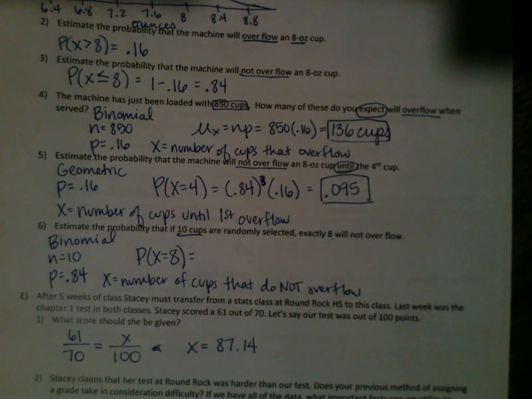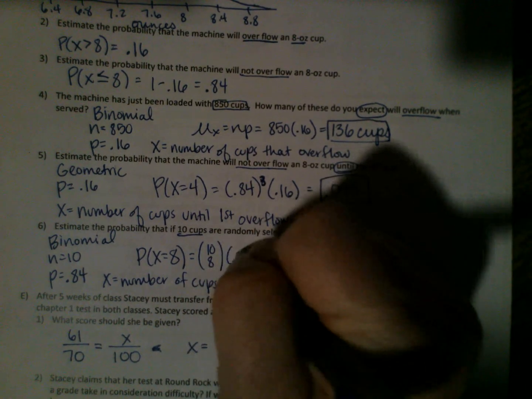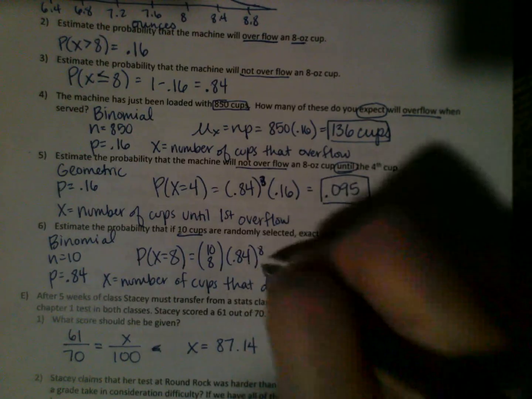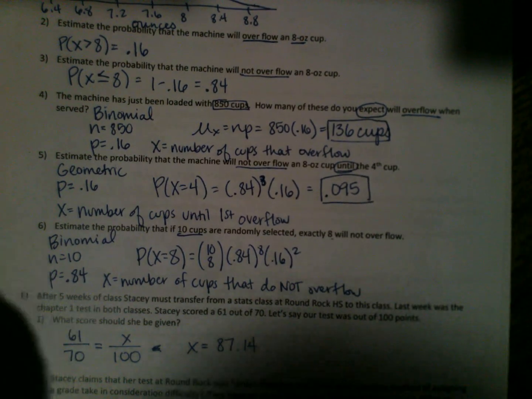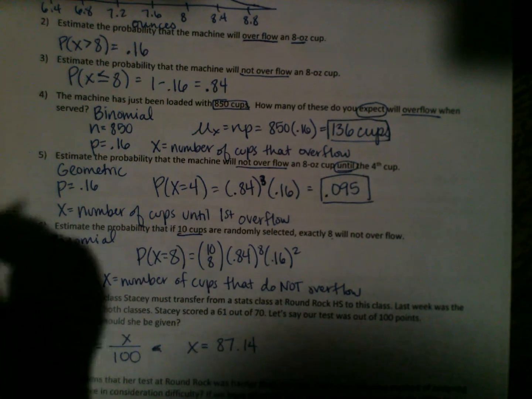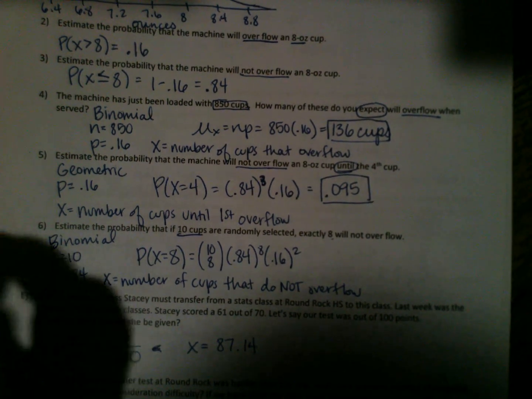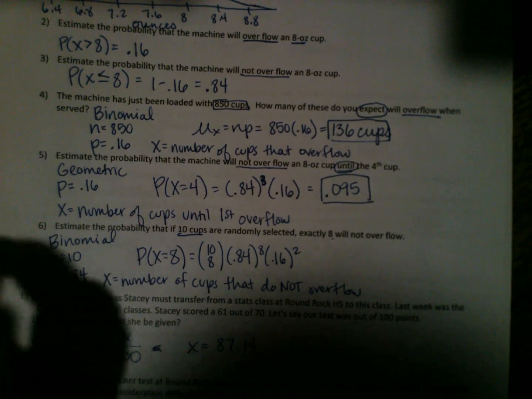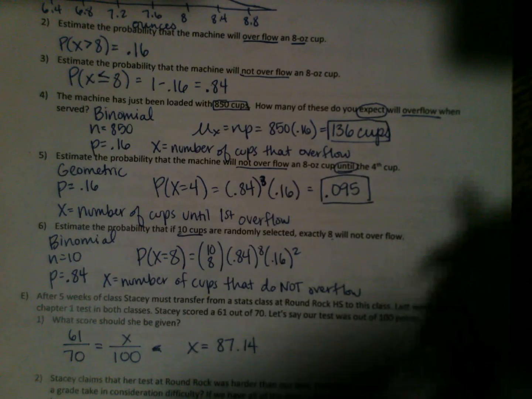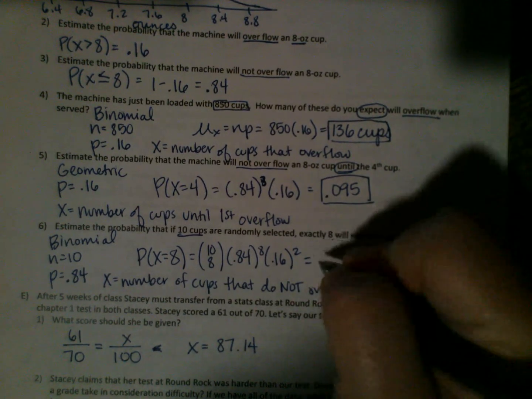So this would be 10 choose 8, 0.84 to the 8th, 0.16 squared. I'm going to use binomial PDF with 10, 0.84, and 8, which gives me a probability of 0.286.